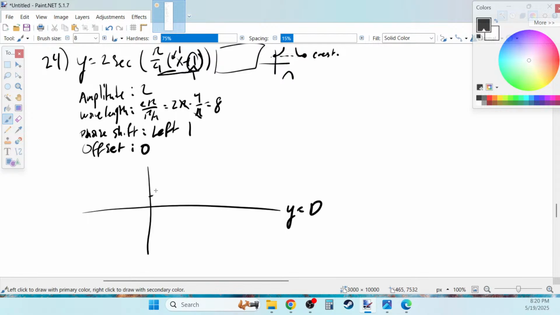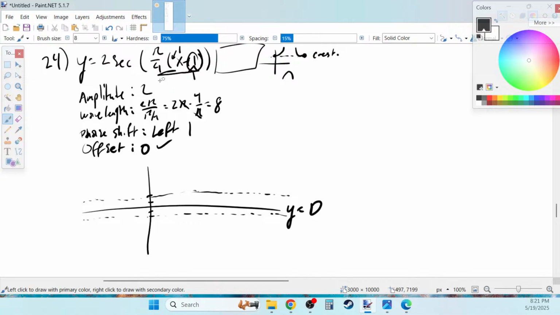We have an amplitude of 2, so we'll count up 2 units. With the secant curve, I think that we're going to make these fairly small in the y directions, because the secant curves are above and below the crest line, not between them.